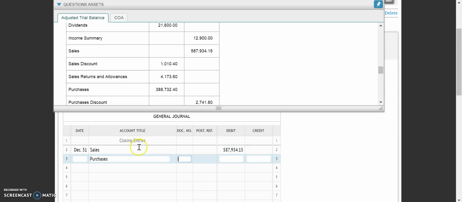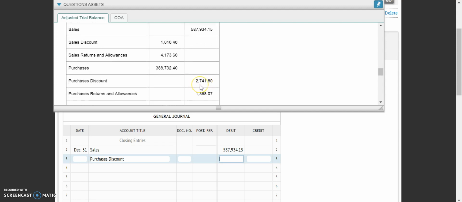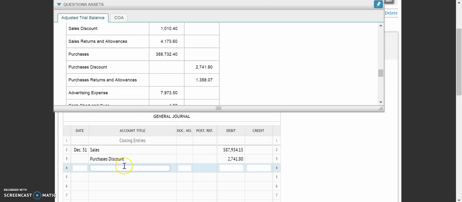And then our next one is purchases discount. Our purchases discount is $27.41 and 80 cents. Our next income statement account that has a credit balance is purchase returns and allowances. That has a balance of $13.58 and 7 cents.